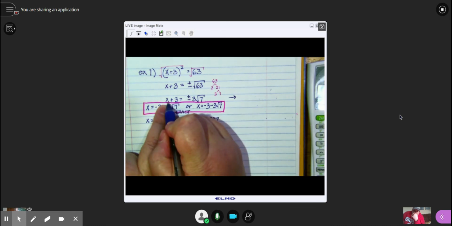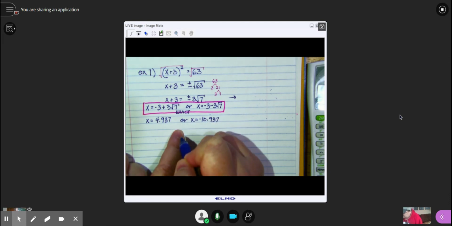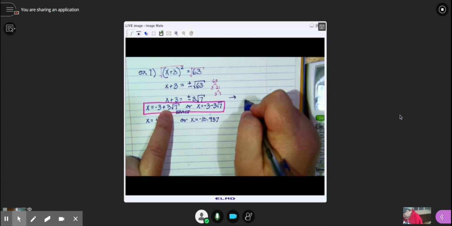So you understand this, the x plus 3 is equal. Now you see it? There you go.